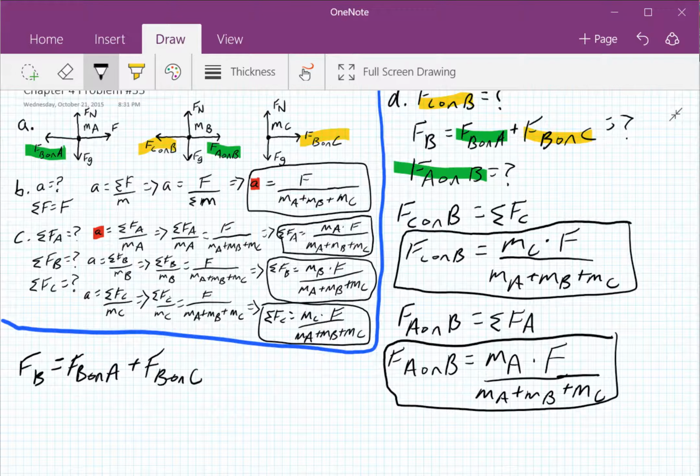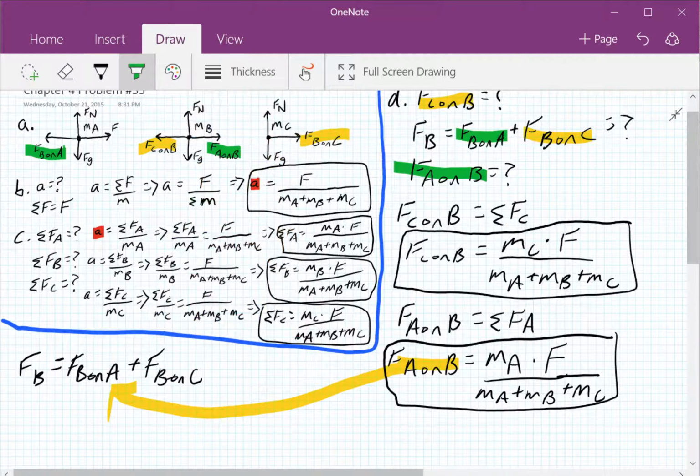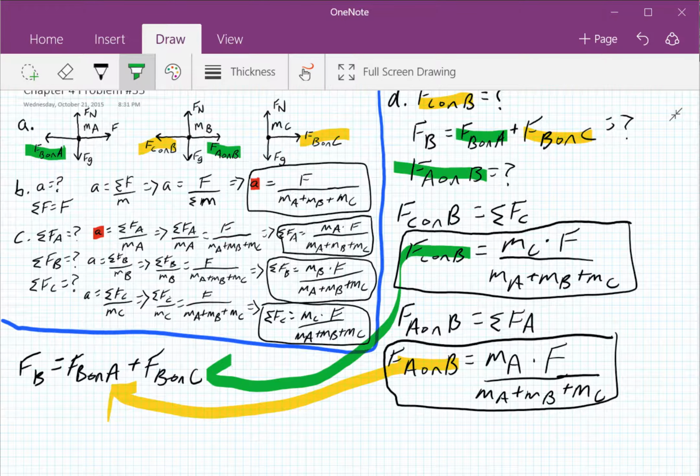Well, again, Newton's third law tells us that the opposite here will be the same, so we can go ahead and plug, where is it? This one. We'll go there. And this one will go here.